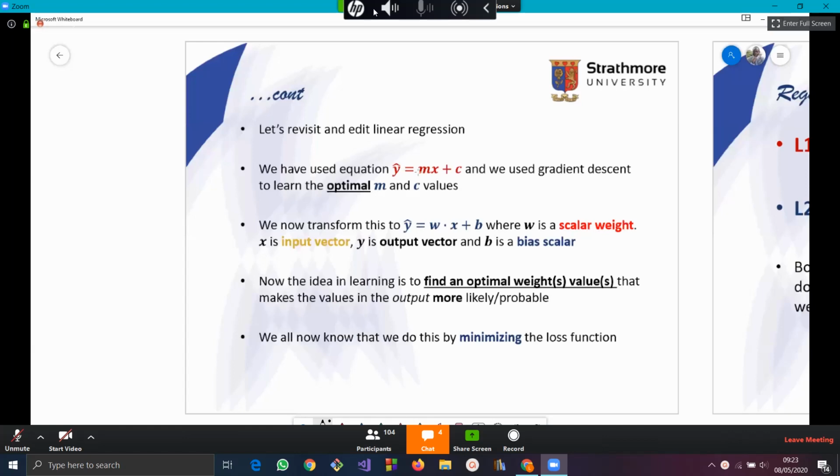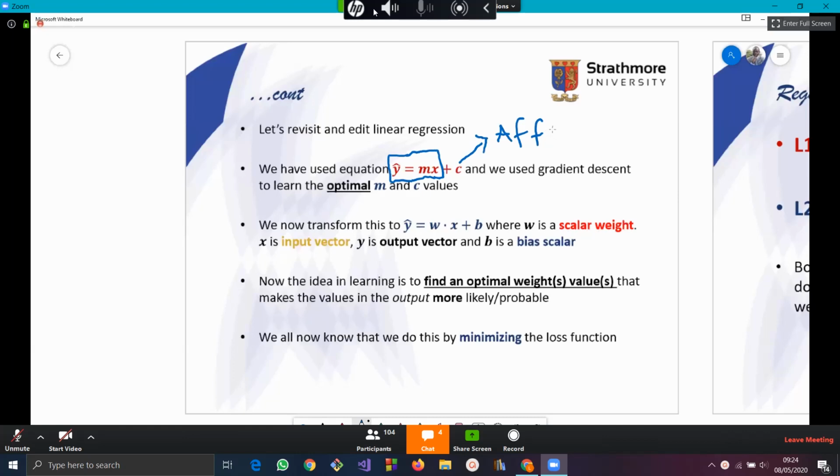In fact, mathematically speaking, the linear part is usually just the mx part. This other part is called an affine, A-F-F-I-N.